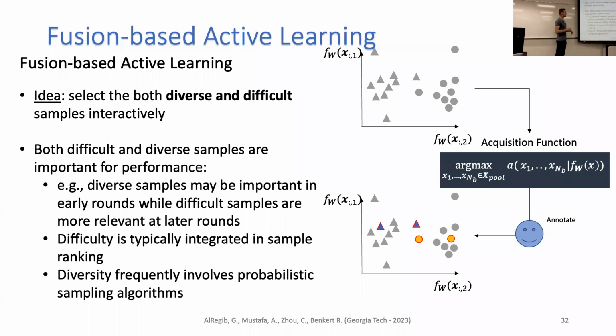And just to outline how a typical fusion-based algorithm looks, you essentially rank samples in terms of difficulty, and then integrate some kind of sampling algorithm to inject some randomness into this difficulty-based sampling.